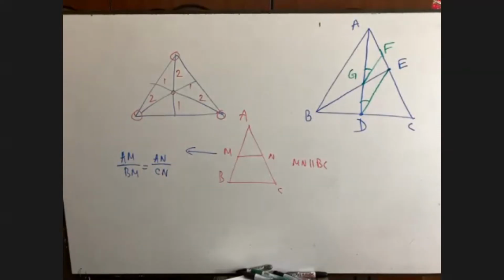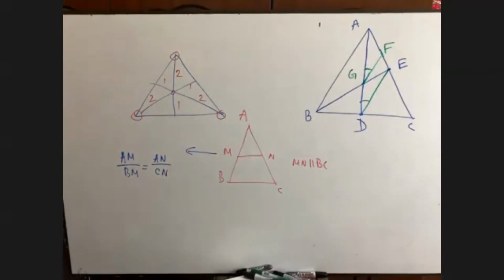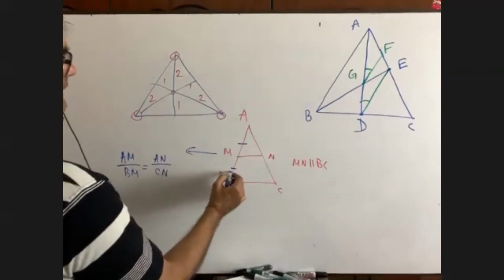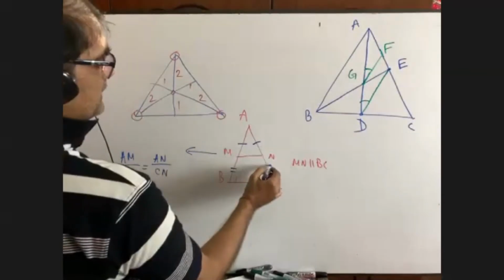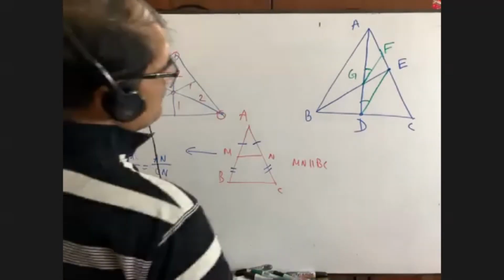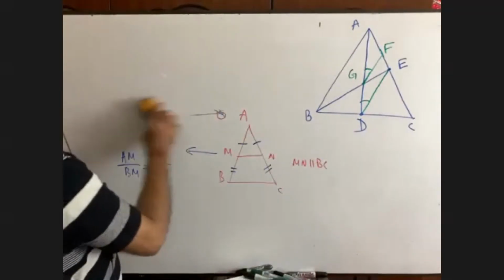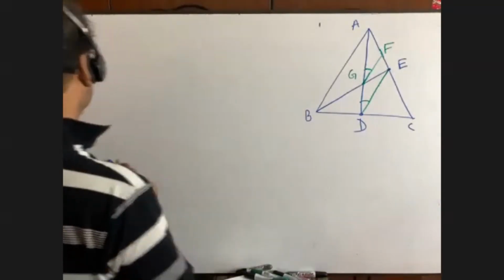From here, we can write also this condition. This and this will be parallel. Okay, that's good. Write down the proof.